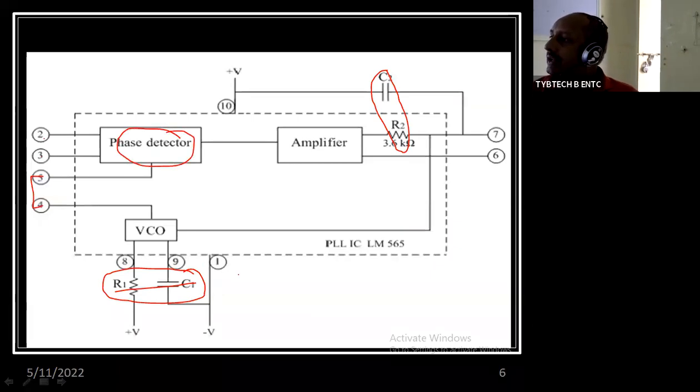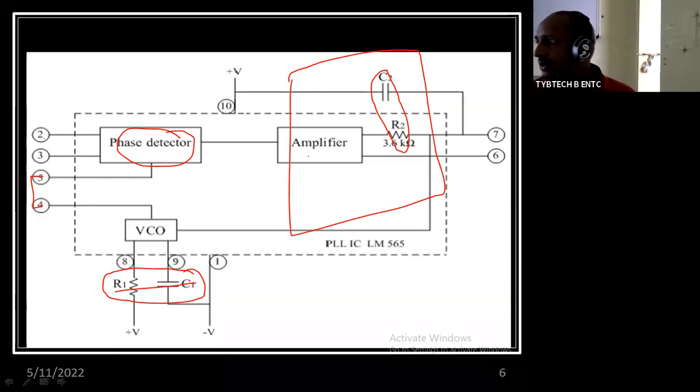So like this, three blocks are there internally in the PLL, and we have just modified the respective block diagram. And the amplifier is in combination with this particular LPF. Don't forget about that. Sir, we have not drawn the amplifier, but it is an additional part, not mandatory, but it is necessary.